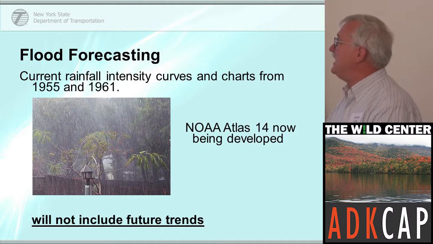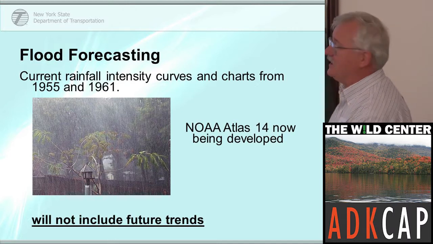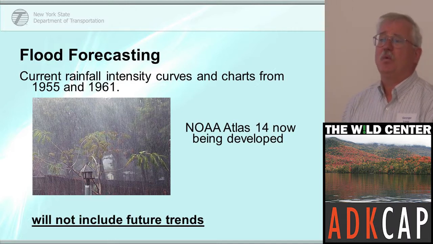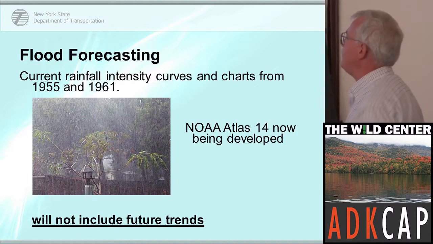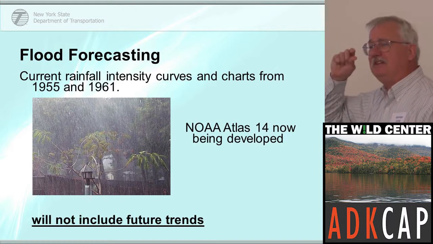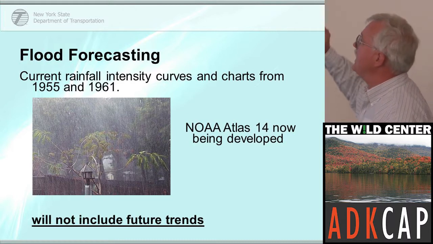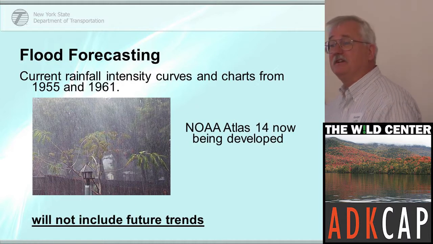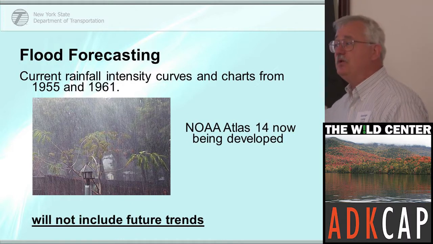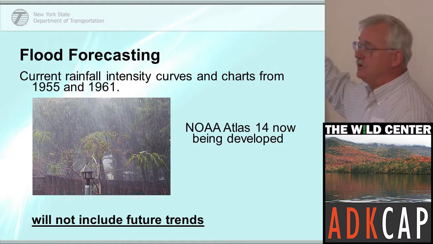But those are based on rainfall intensity curves and charts from 1955 and 1961. We're skating to where the puck was 60 years ago, if you just blindly follow that procedure. Now, the National Oceanographic and Atmospheric Administration is working on a new set of curves and new sets of charts.